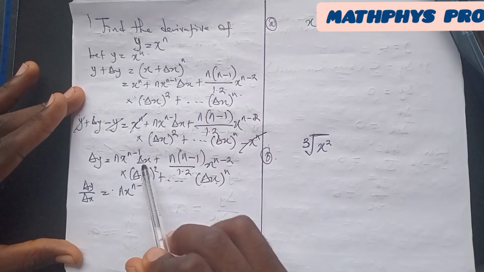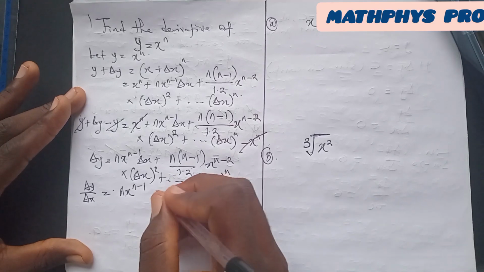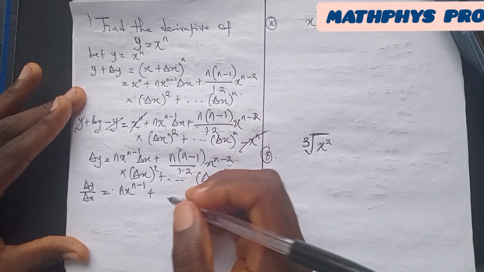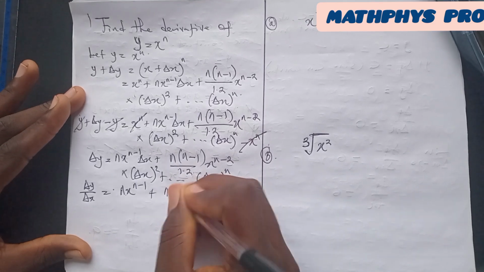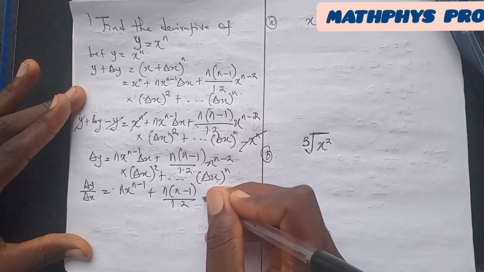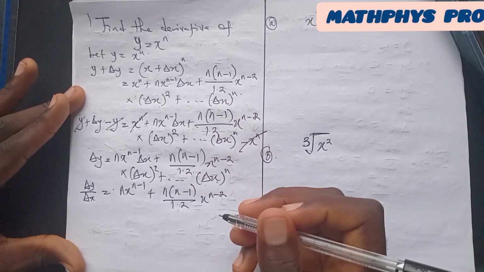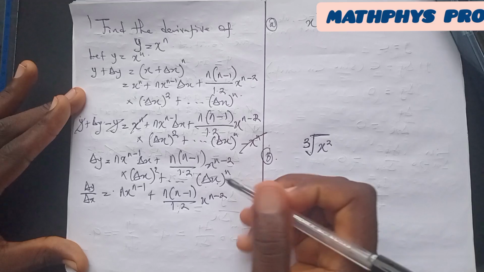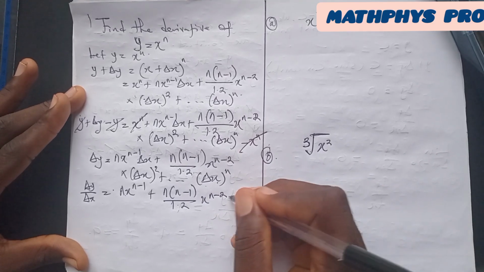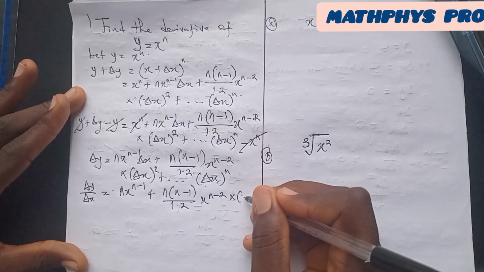So the change in x will cancel out the change in x here. We have only n x raised to the n minus 1 plus n(n minus 1) divided by 1.2 x to the n minus 2 times change in x.